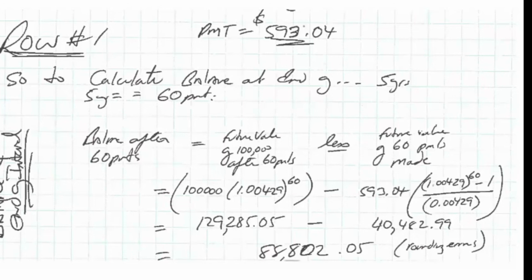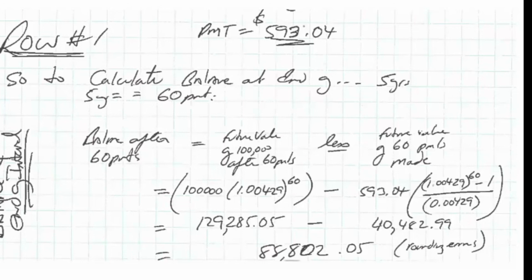It's 1 plus the I2, and I2 is 0.00429, to the power of n. And well, we're talking 5 years at 12 payments a year, hence 60. So what we're doing is we're bringing that $100,000 forward ahead to 60 payments. At that point, it's worth $129,285.05.